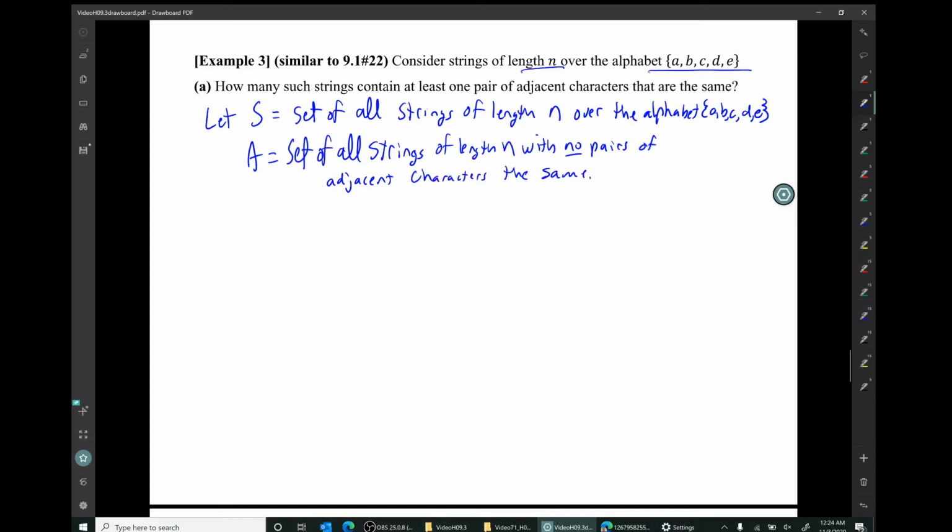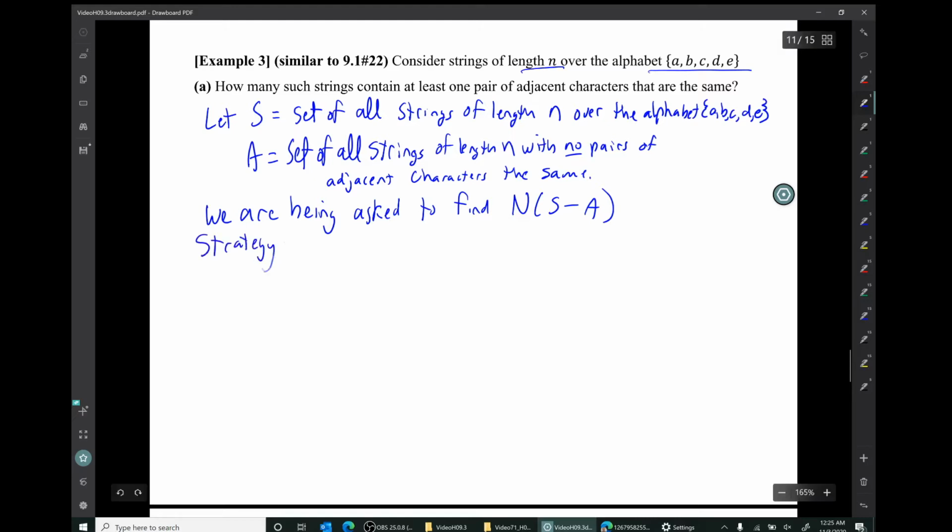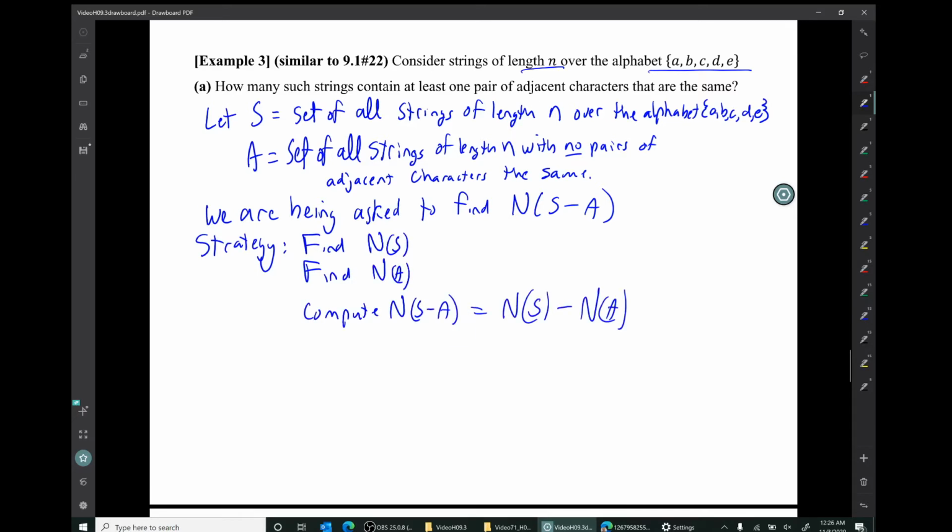So that means that we are interested in the set S minus A. In fact, we're being asked to find the number of strings in set S minus A. So by the difference rule, we need to do this by finding the number of elements in set S and subtracting the number of elements in set A. We'll do that on the next page.